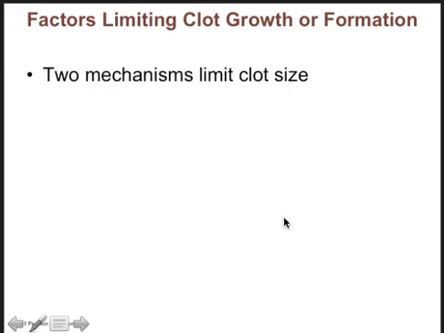Two mechanisms can limit clot size because we don't want clotting to run out of control. In fact, there are conditions in which clotting happens in an uncontrolled fashion, and this results in all sorts of problems. If you start to spontaneously clot throughout the circulatory system, you can imagine some of the problems that might occur, right?